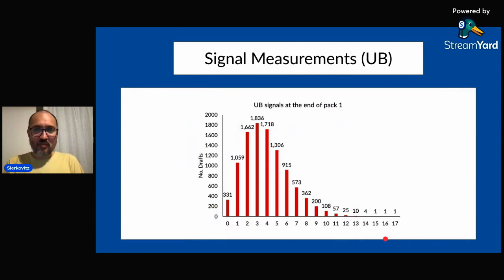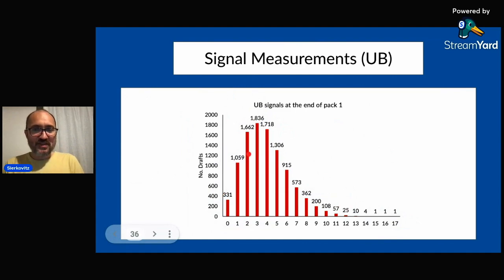So at the end of pack 1, that's how those signals are distributed. I looked at roughly 10,000 drafts, and 300 of them had 0 blue-black signals until the end of pack 1. So 300 out of 10,000, like 3% of the drafts, had 0 signals.